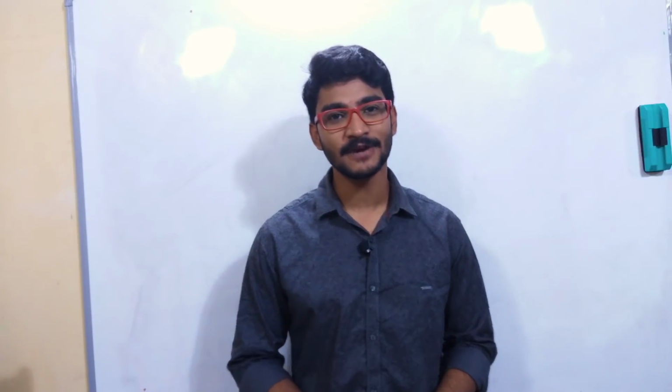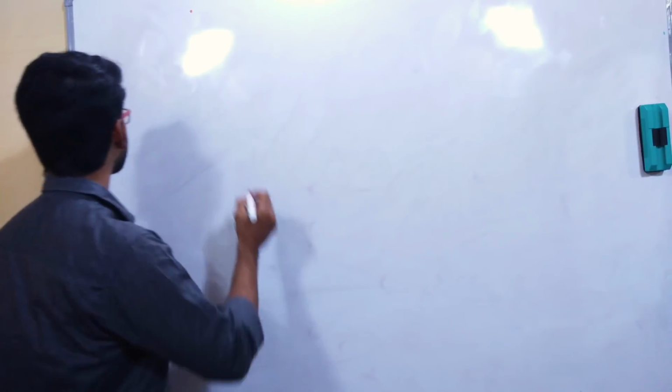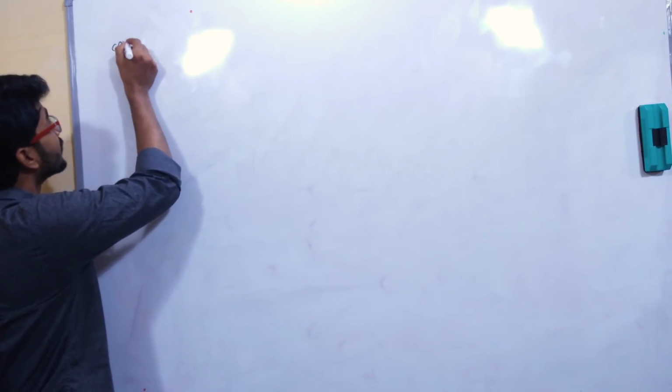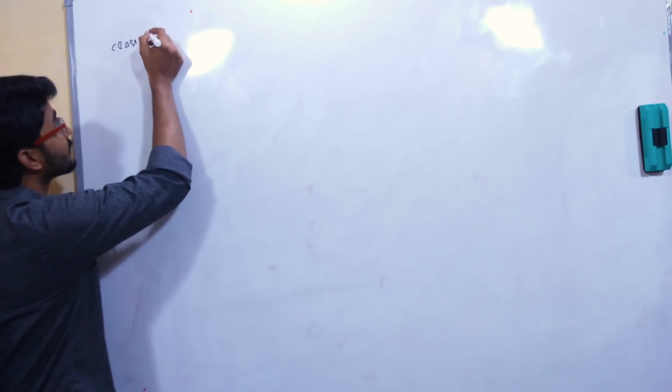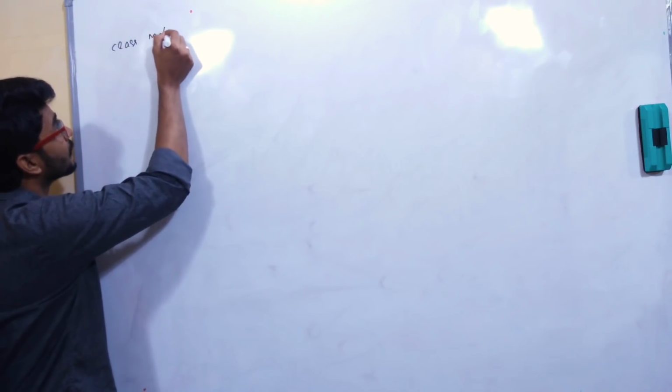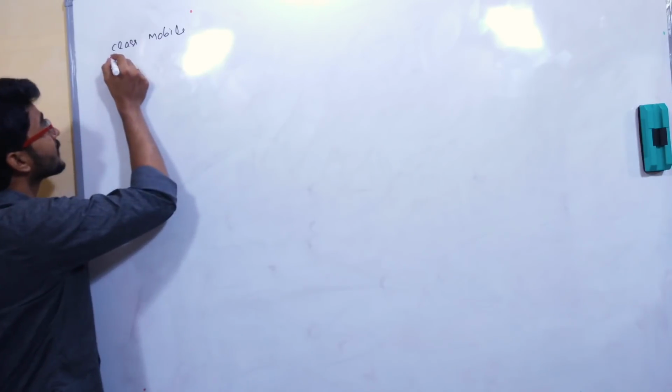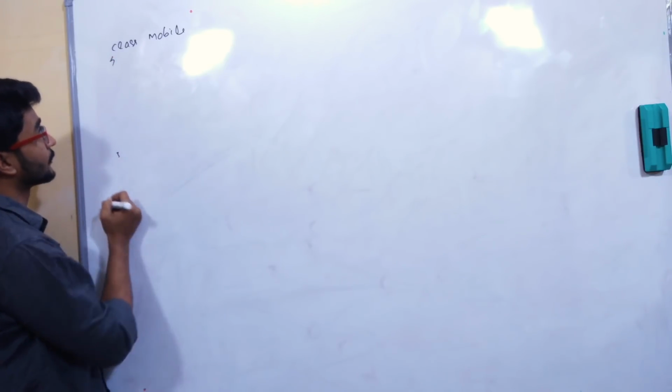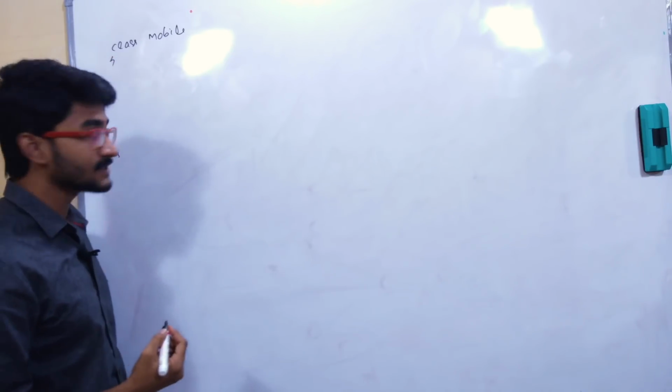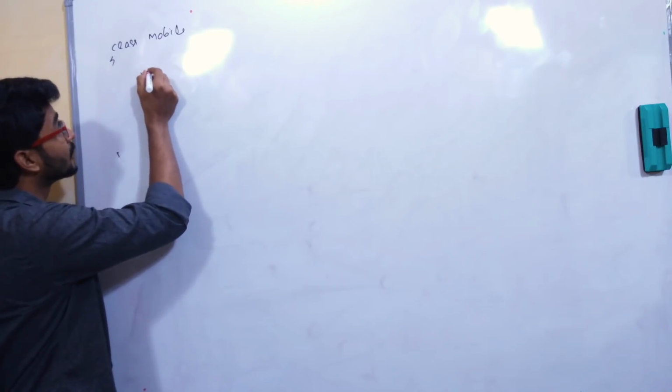Alright, so now let's create a few classes here. Let me create a class and give it the name Mobile. I'll open it and close it with curly braces. Let's say in my Mobile class, I have a simple method called calling.